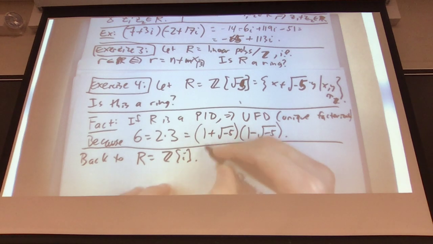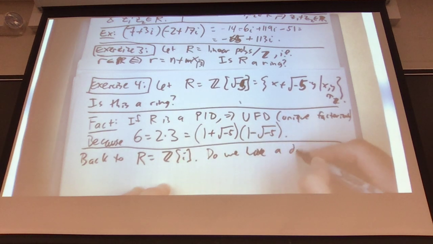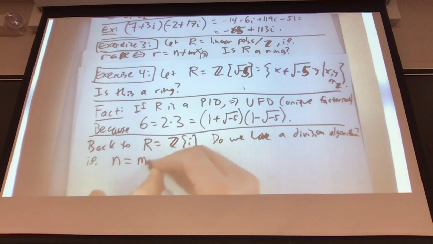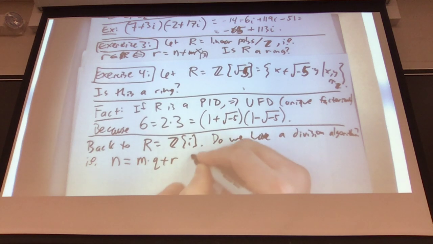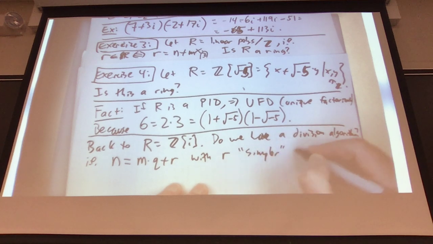So what we want, do we have a nice division algorithm? In other words, can we write n as m times q plus r with r simpler than m?